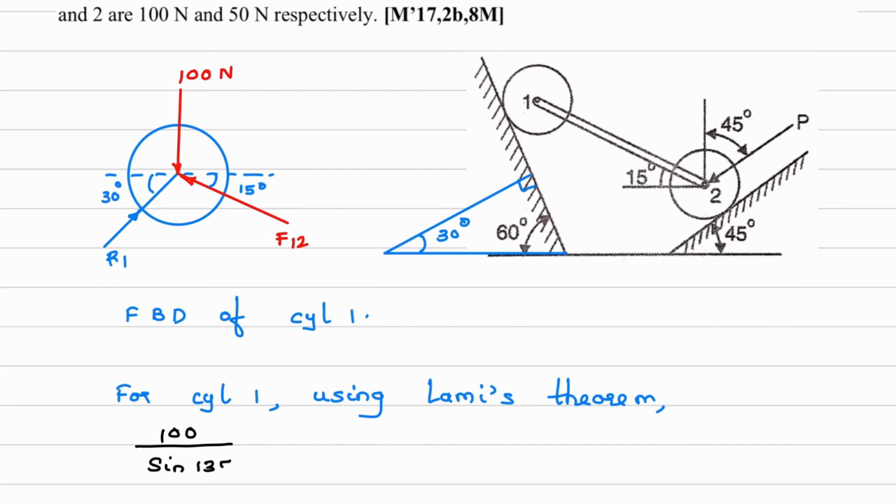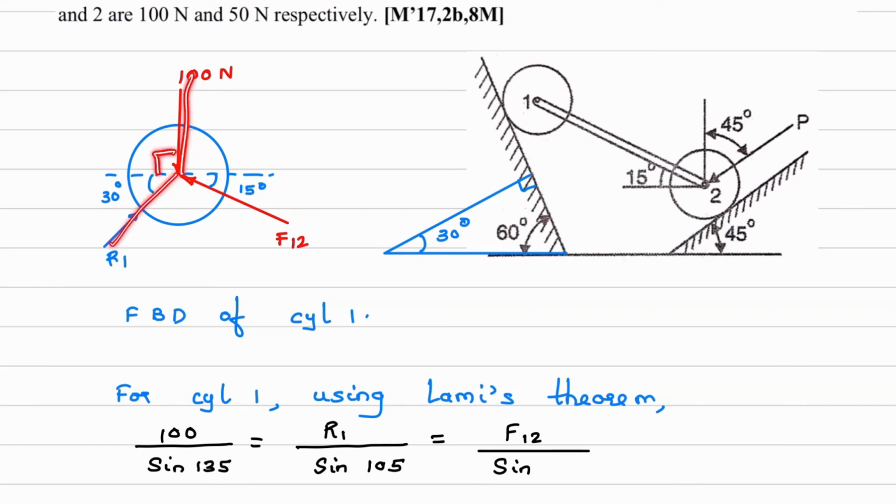So 100 upon sine 135 equal to R1 upon sine of the included angle of the other two forces. What will be this angle? 90 plus 15, 105. Sine 105 equal to F122 divided by sine of this angle.